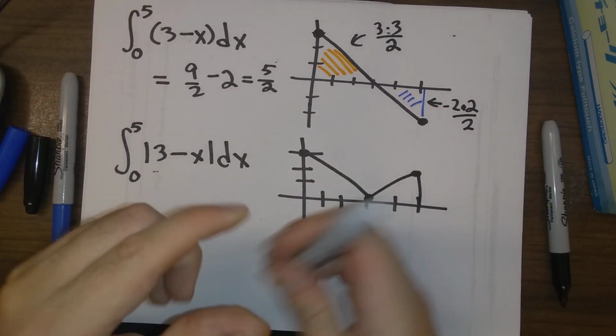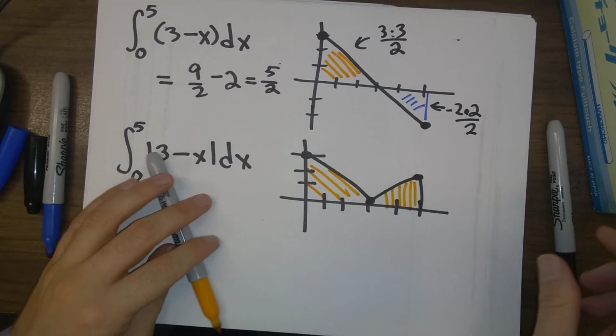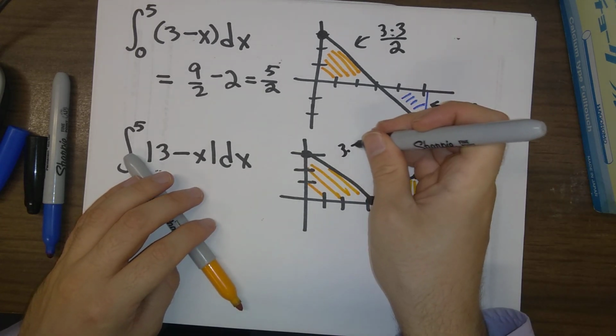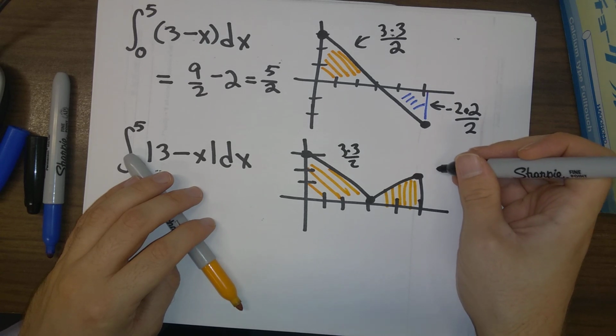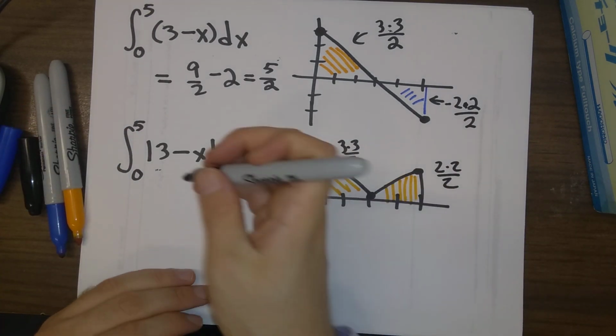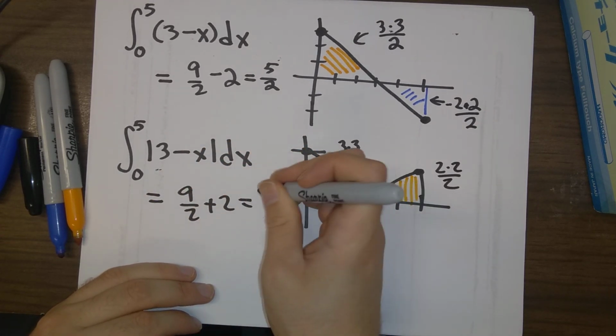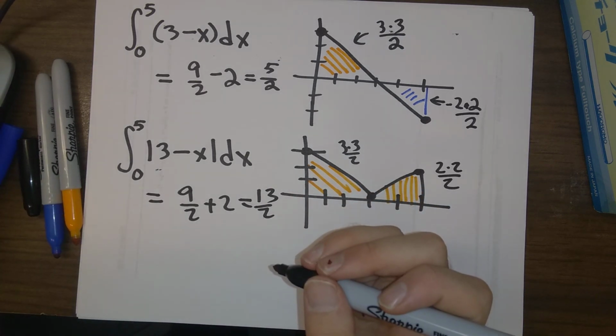So here, the entire thing is above the x-axis. The areas of the respective triangles are the same. However, they both come with plus signs here. So now this answer is going to be 9/2 plus 2, which is 13/2.